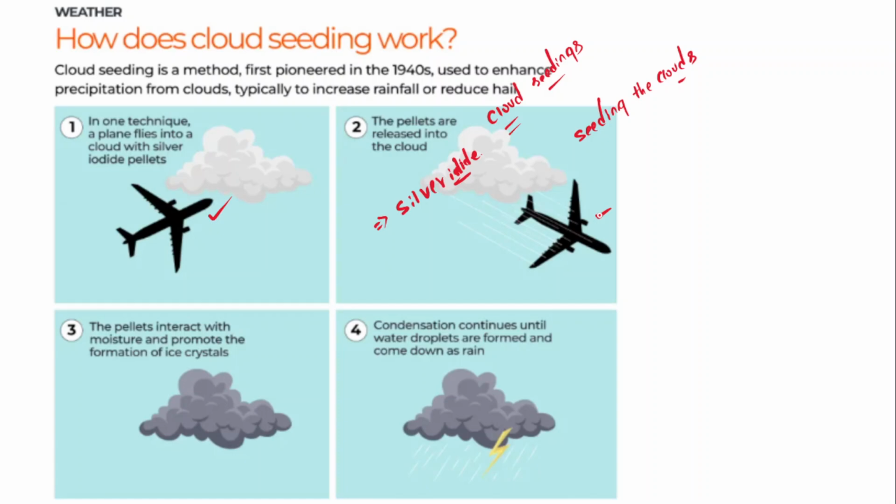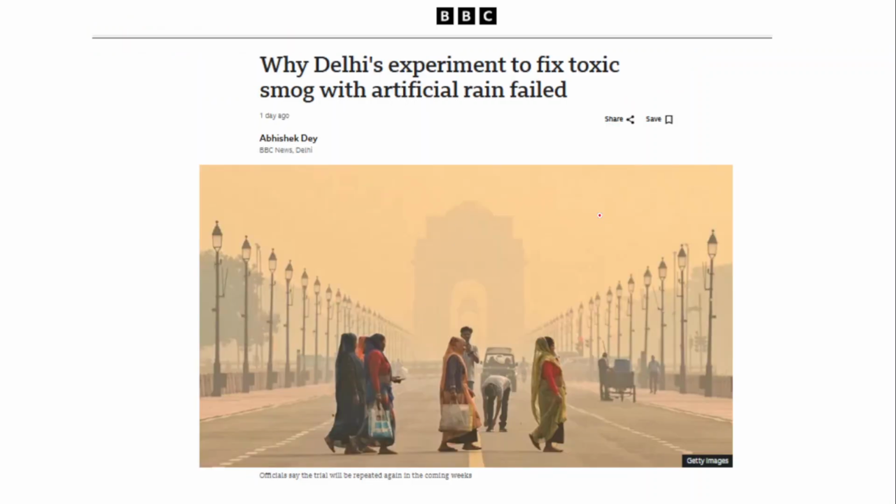However, not all attempts at cloud seeding will result in rainfall. So we can say that it could have mixed results: it could trigger rainfall that will help control pollution, or it may not result in rainfall at all, right? So the results would be mixed.